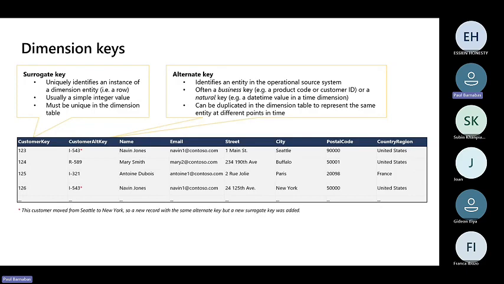If that source system has its own dimensional key, which in this case looks like this, we can bring that in, and that serves as an alternate key within your data warehouse table. So take note, this is unique to this table, was created uniquely for this table. This is coming from the source system. This is referred to as the surrogate key, and this is referred to as the alternate key.